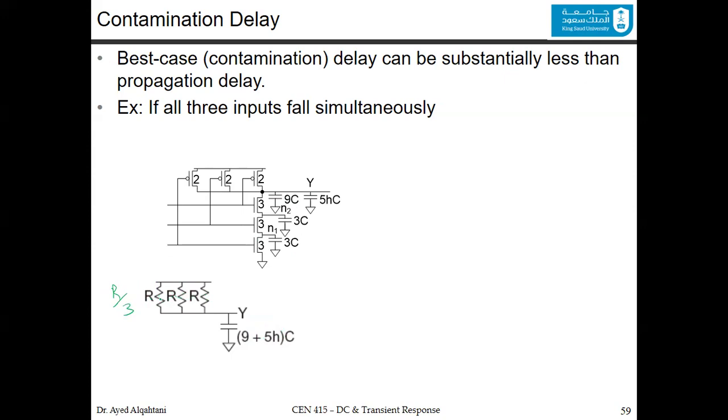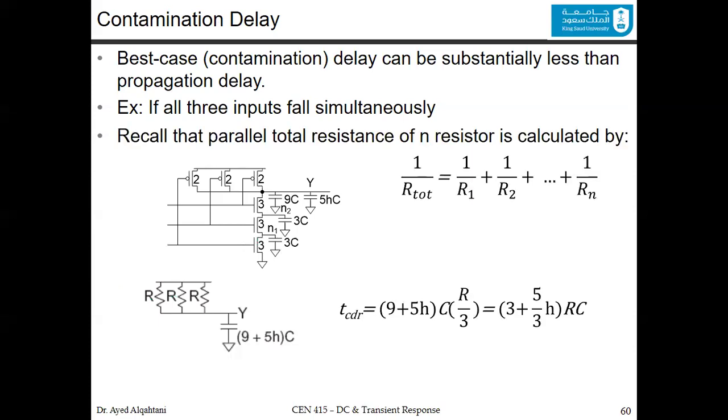The rule that you used to have a long time ago is 1 over R total is equal to 1 over R1 plus 1 over R2 plus and so on, plus 1 over Rn. So you add those together, and then you flip to get the R total.